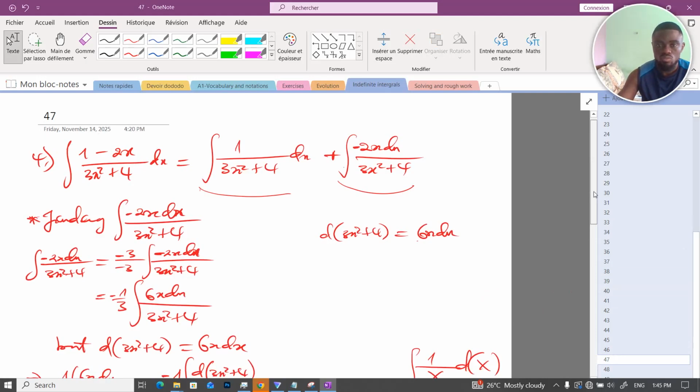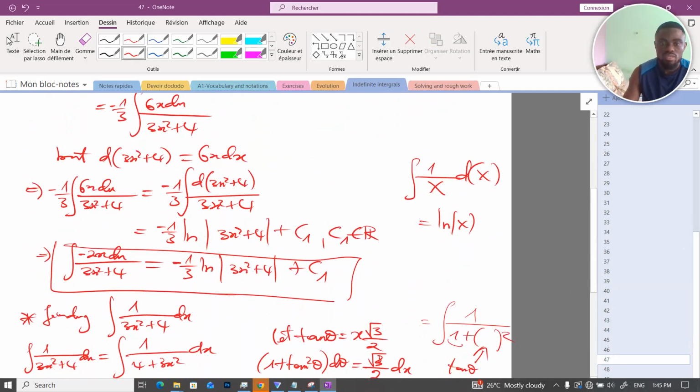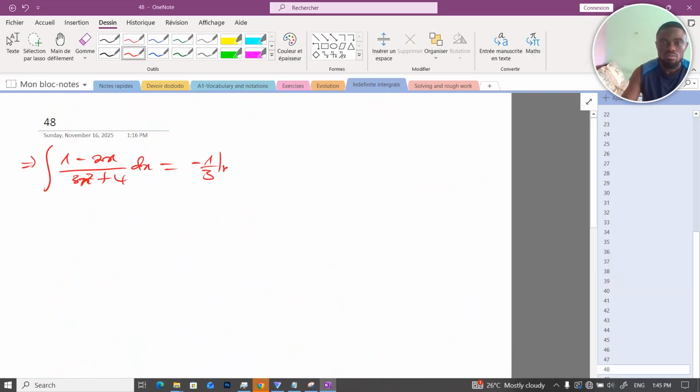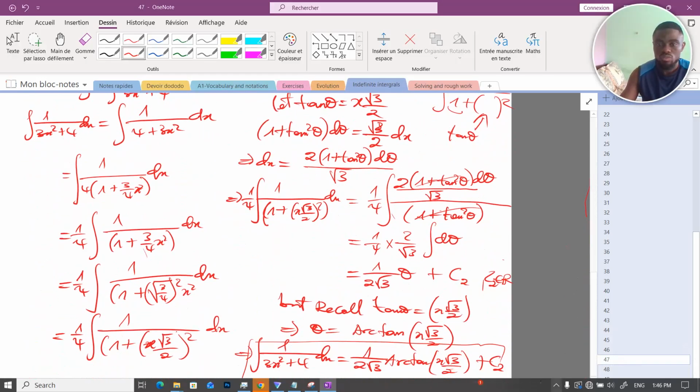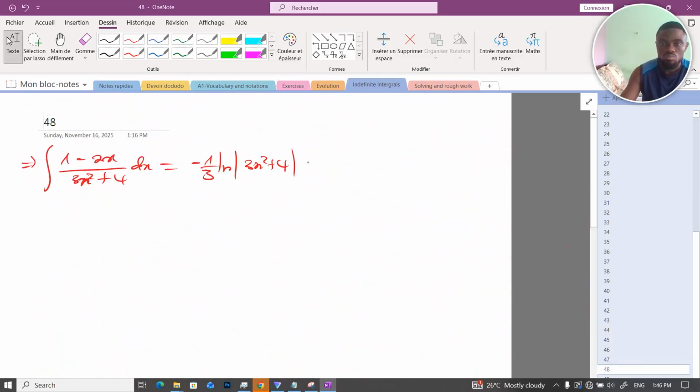The first integral we had was minus 1/3 ln of the absolute value of 3x squared plus 4, plus this one, 1 on 2 root 3 arctan of x root 3 on 2, plus c1 plus c2.